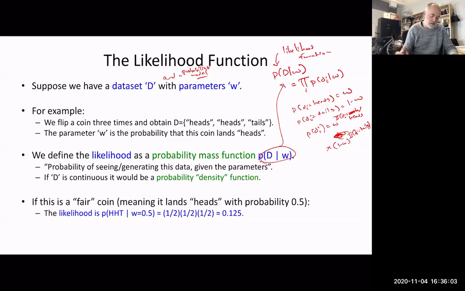If we're modeling a fair coin, meaning that it lands on heads with probability 0.5, then the likelihood of an individual data item, this term right here, will look like this. In other words, it will be Bernoulli distributed.